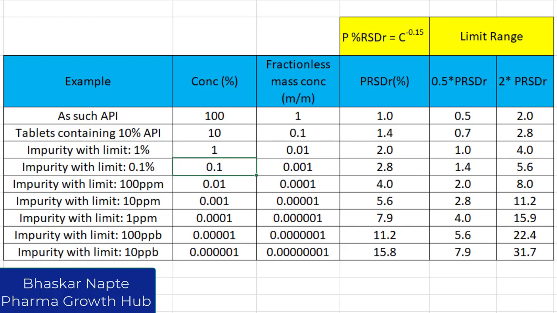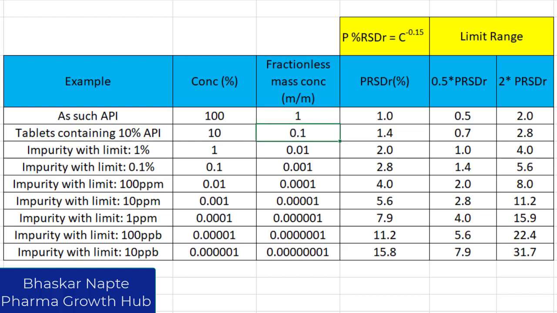Now the next important step is calculating the fractional mass concentration, m by m. I hope you remember how you did it just one slide before. 100 by 100 is going to become 1. 10 by 100 for 10% is going to become 0.1.